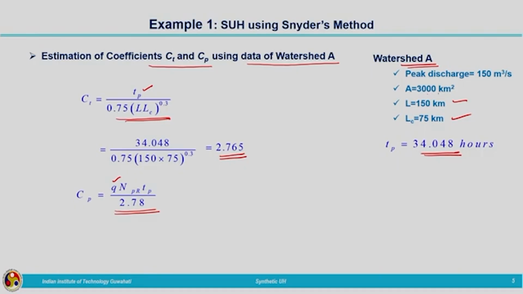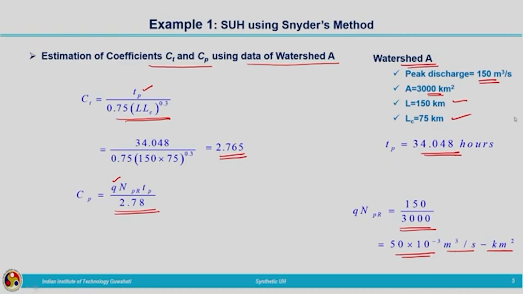Area is 3000 kilometer square. So, we can calculate qpR as 150 divided by 3000. Peak discharge is 150 meter cube per second. That can be calculated as 50 into 10 to the power of minus 3 meter cube per second per kilometer square. The capital Q value is divided by the area of the catchment. So, we got the value corresponding to qpR.